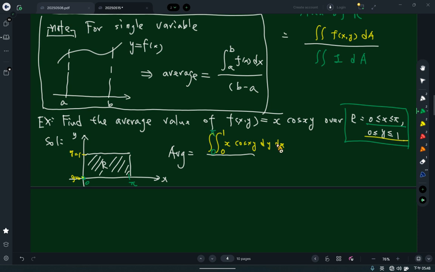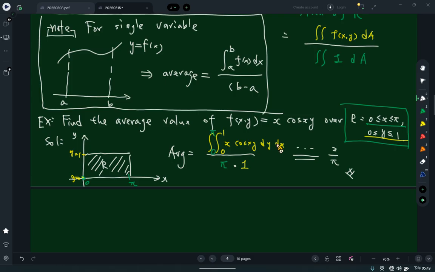Then over the area of the region, right? For this part, it's simple, because it's a rectangle, so you can just simply use the width times the height. So through some calculation, let's give the detail. Because the region here is a rectangle, it's easy for you to get its size.